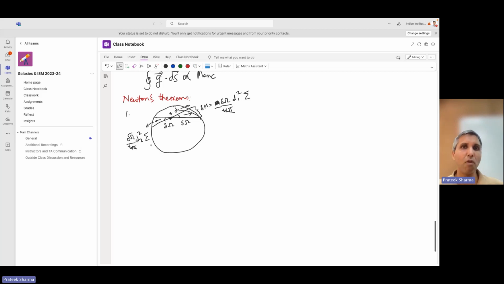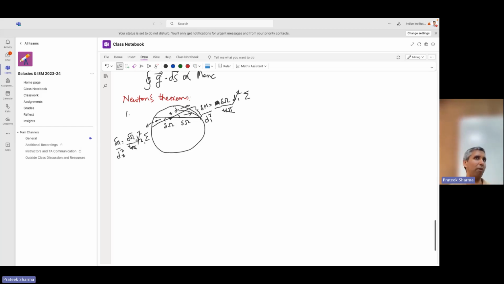And the force. So this is like a dm, and this is like a dm. If d1 is bigger, this mass is a little higher, but the force is G m by d squared. So if you divide this by distance squared, you get this, and if you divide by d2 squared, it is just equal and opposite, right?